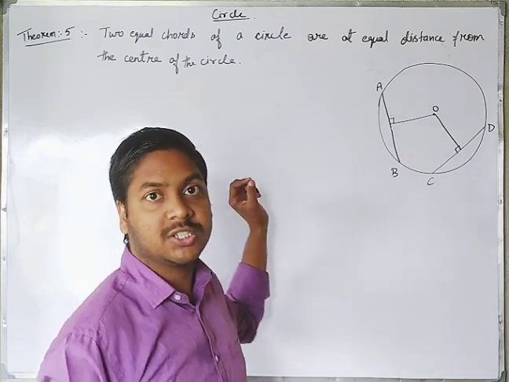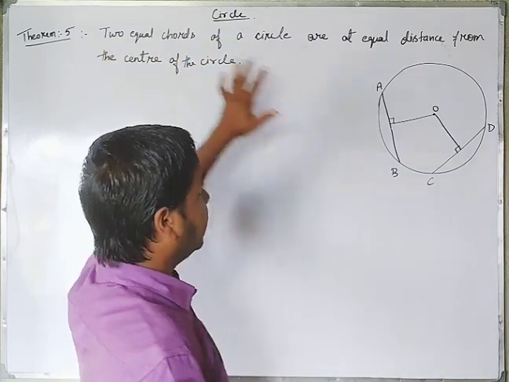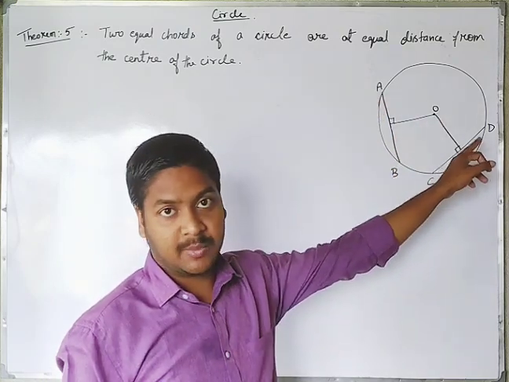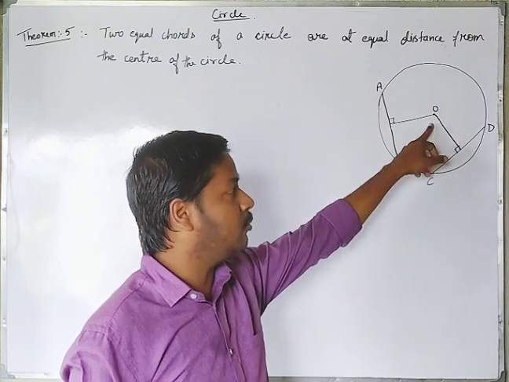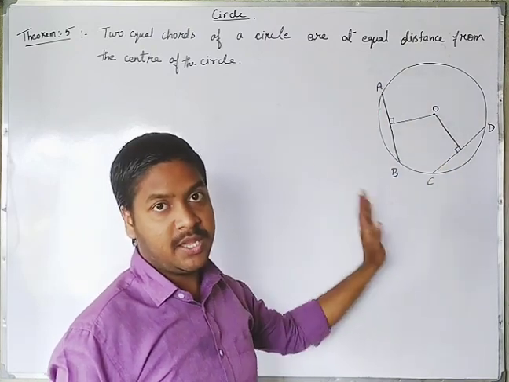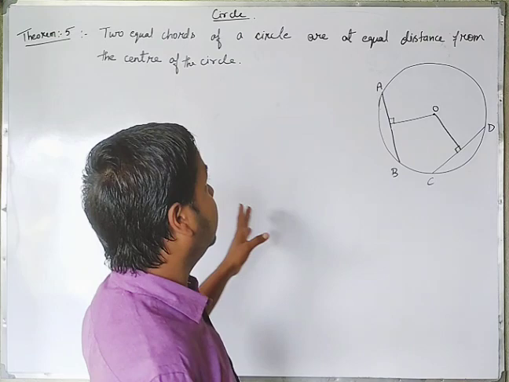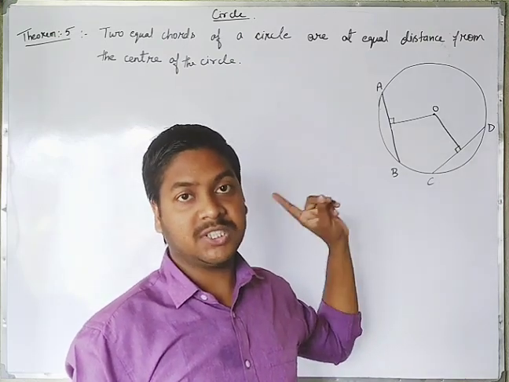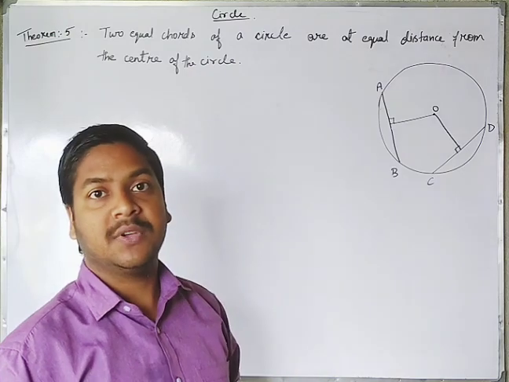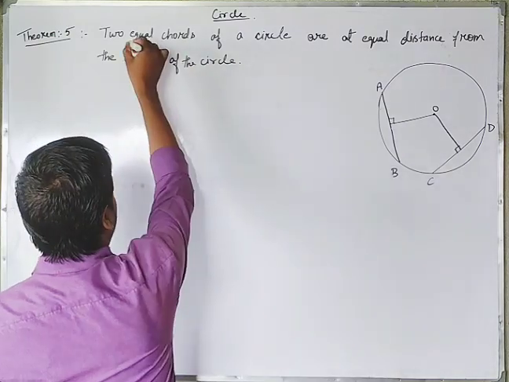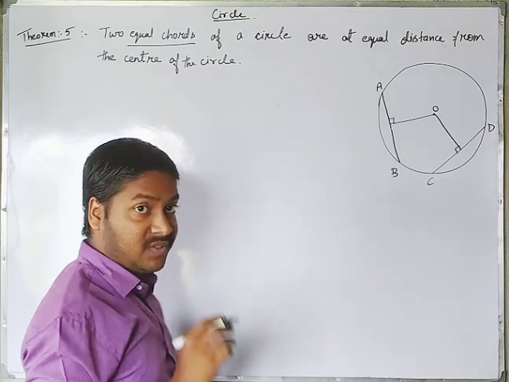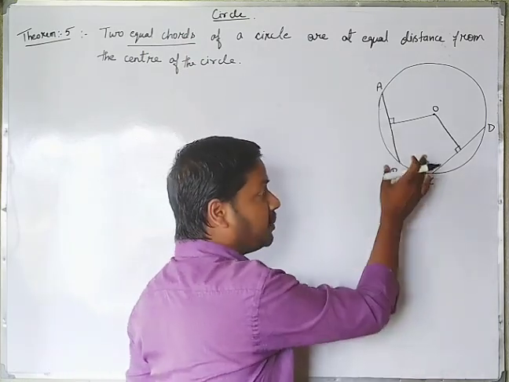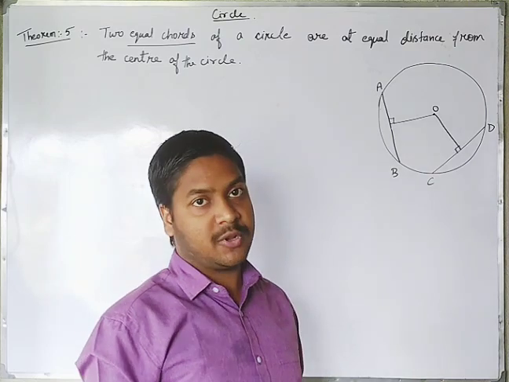This theorem states that if there are two chords in a circle, such as AB and CD, which I have drawn here for a circle with center O, and if these two chords are equal, then they must be at an equal distance from the center.